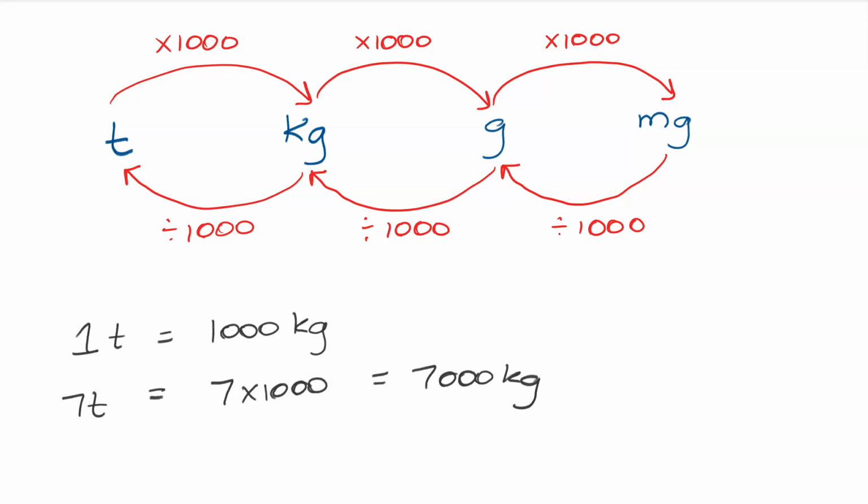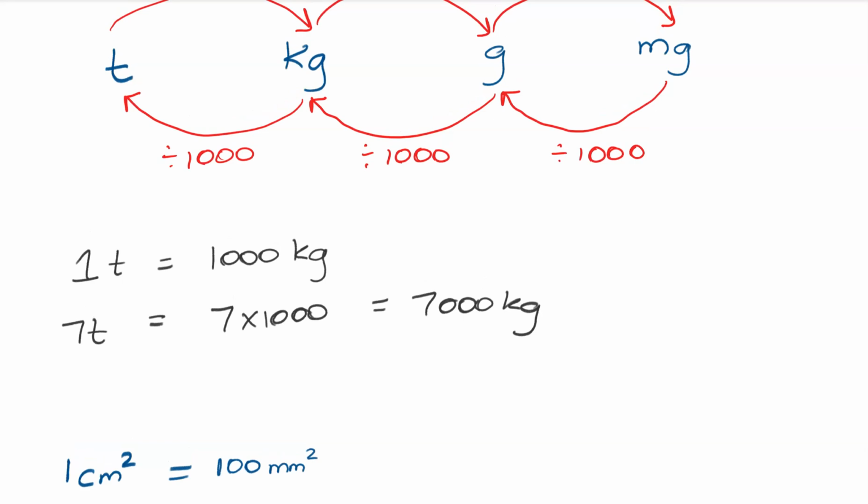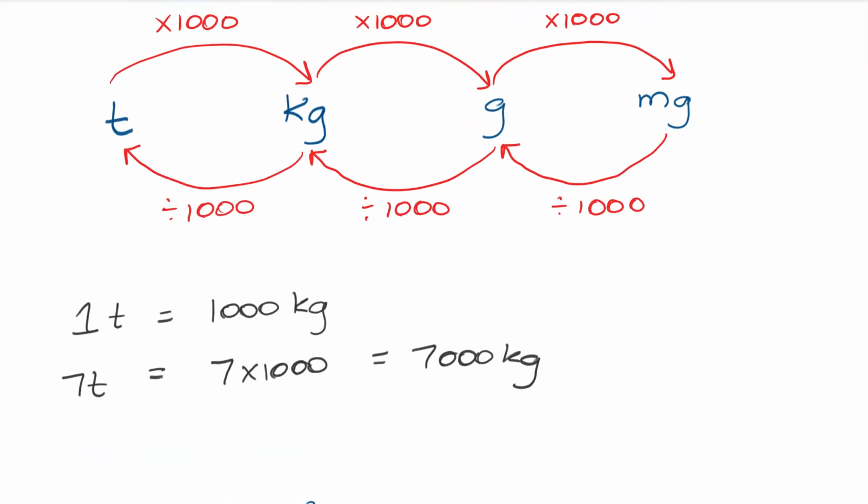Now let's say I want to go from grams to kilograms. Let's say I had 1,500 grams, and I want to go to kilograms. I'll have 1,500 divided by 1,000, and you can use a calculator for this.